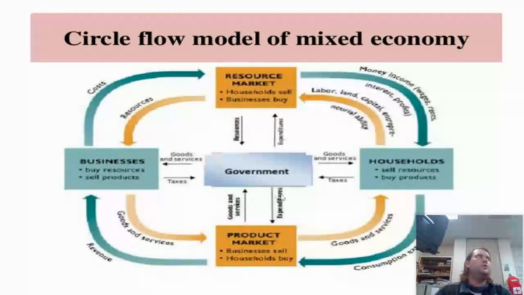When the government builds a new building, they're hiring a construction company to do that. So they can put money into the economy, keeping in mind that obviously when they do that, they've got to collect taxes. Okay, so the money flows through the economy with the help of the government in some cases.